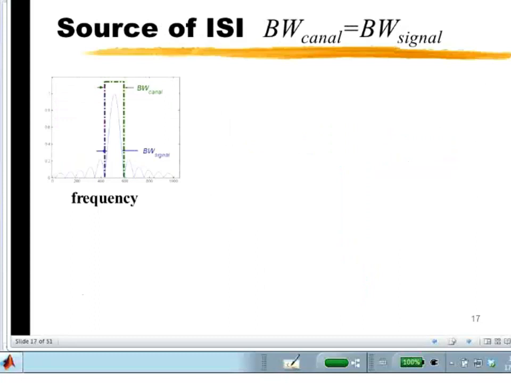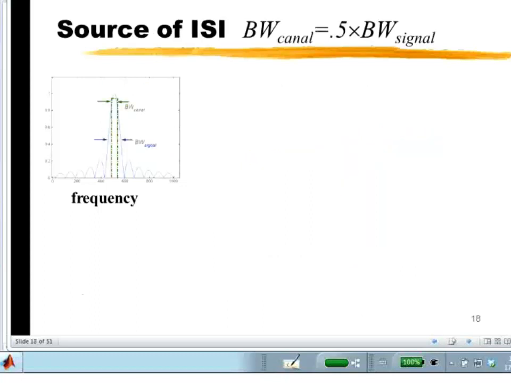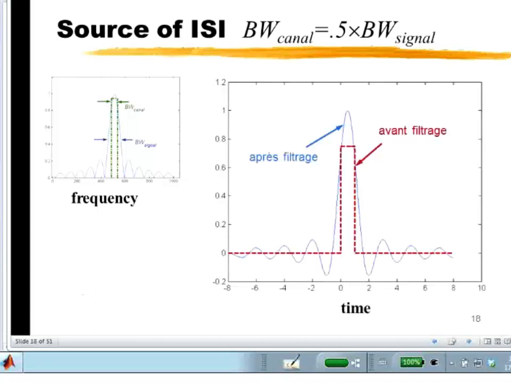Now I'm going to show you simulations where I just put the signal through a channel with comparable bandwidth. When the two bandwidths are about equal, you can see that I have much more ringing coming out of the filter, and that now the time duration of the pulse is wider. There's ringing off in the 0. And of course if I try and make the channel bandwidth smaller, what I get is more spreading.